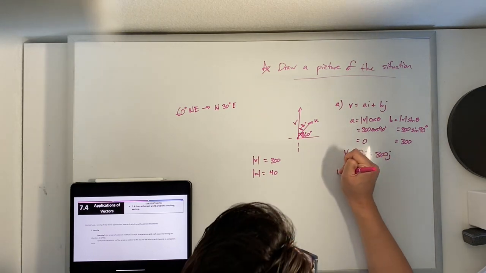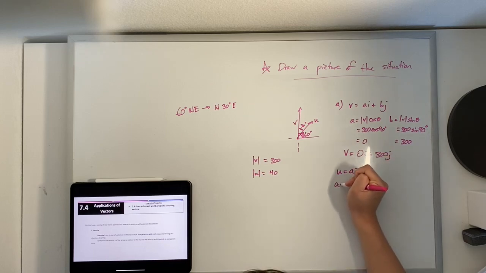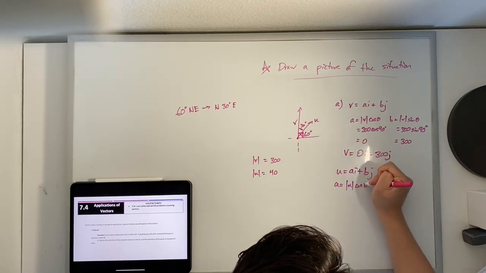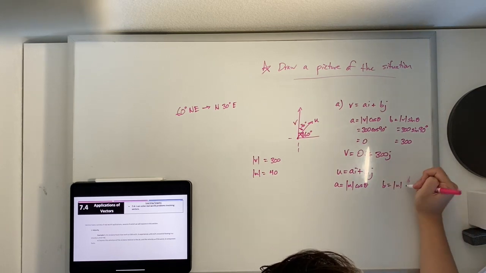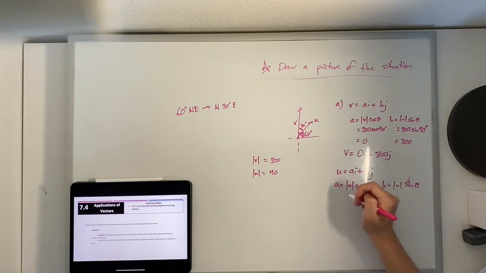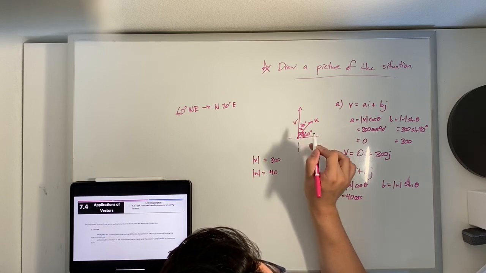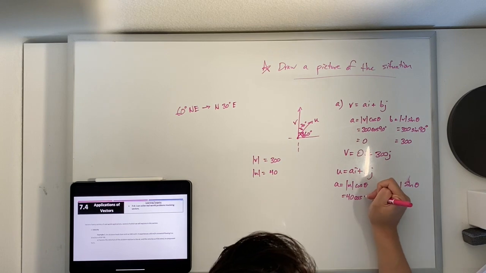To find u, it's the same idea. But now we're dealing with the magnitude of vector u, and we need the direction of vector u. Vector u is going in a direction. Remember, it's an angle in standard position, so 60 degrees.